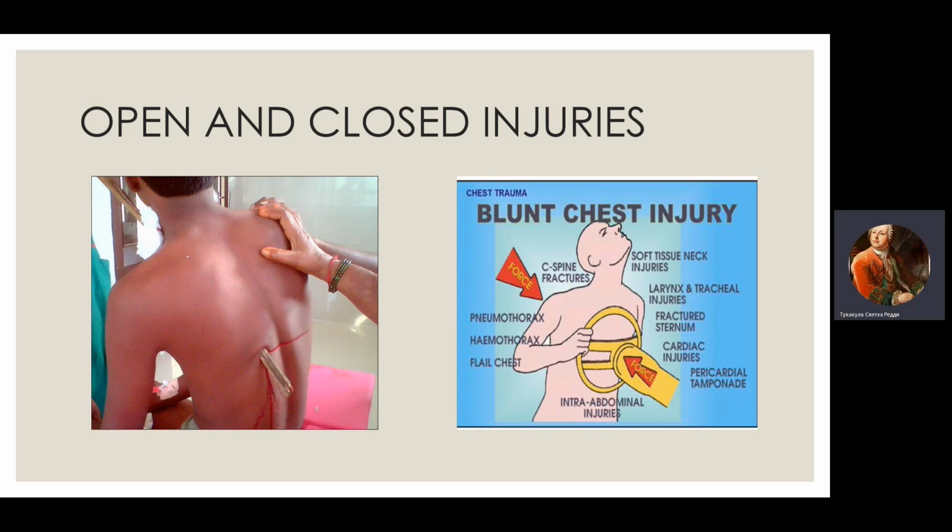This is the penetrating open injury, and this is a blunt injury, which comes under closed injury, which mainly occurs due to blunt force and friction.